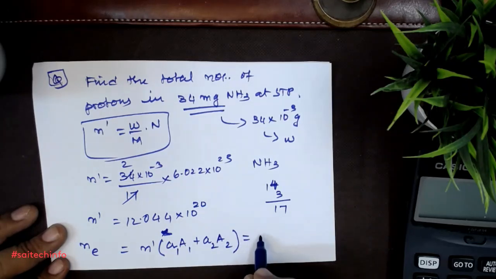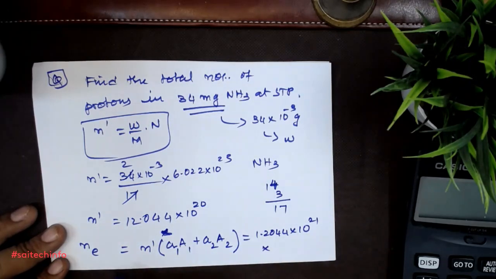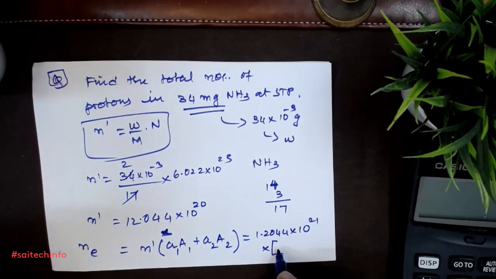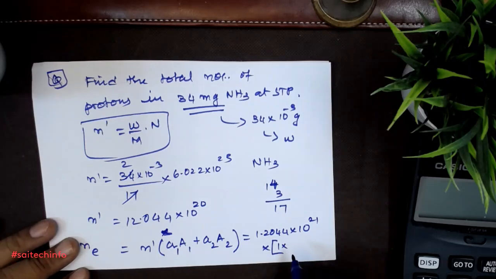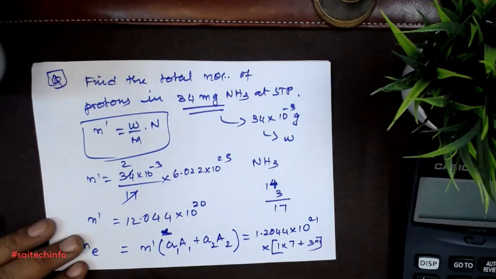So that is equal to 1.2044 into 10 power 21, into, open the bracket, nitrogen, how many nitrogen? Only 1 nitrogen, into how many electrons? 7 electrons, plus 3 into 1. So it means 10. So into 10 means 22.